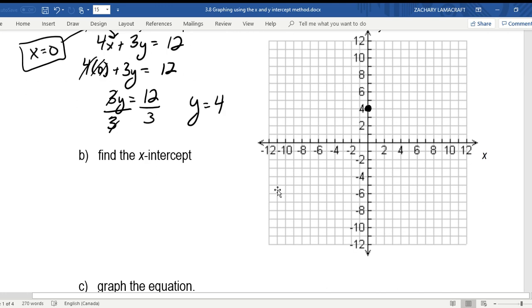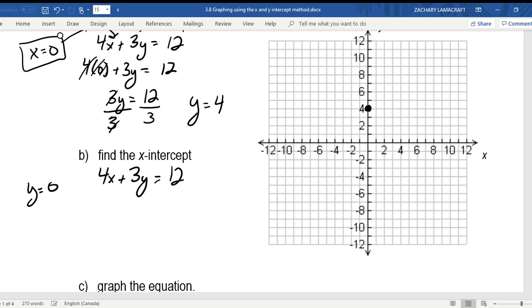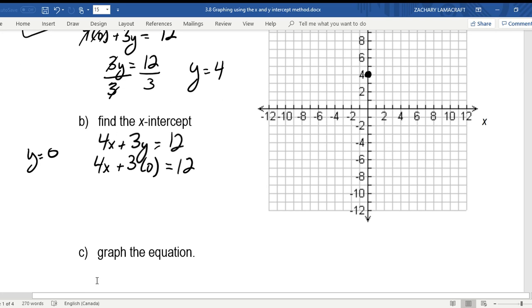Just like it said up top, it says find the x-intercept. In this case, we're going to set y to 0, because if any line or any dot falls on the x-axis, it doesn't go up or down at all. Therefore, the coordinates of it would have 0 in the y spot. So once again, we'd write out our equation and sub in 0 for the y, making it 4x plus 3 times 0 is equal to 12.